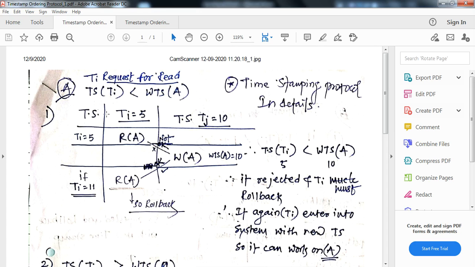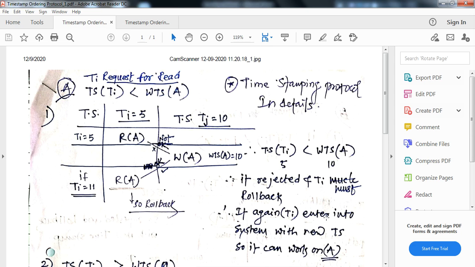Now if the transaction timestamp is 5, then we directly apply the formula and verify it. If the timestamp of the transaction is 5, and the write timestamp of data item A is 10, then it is rejected and Ti is rolled back.